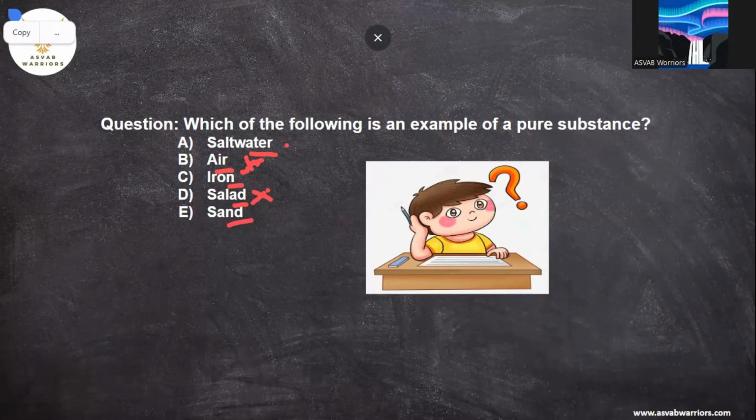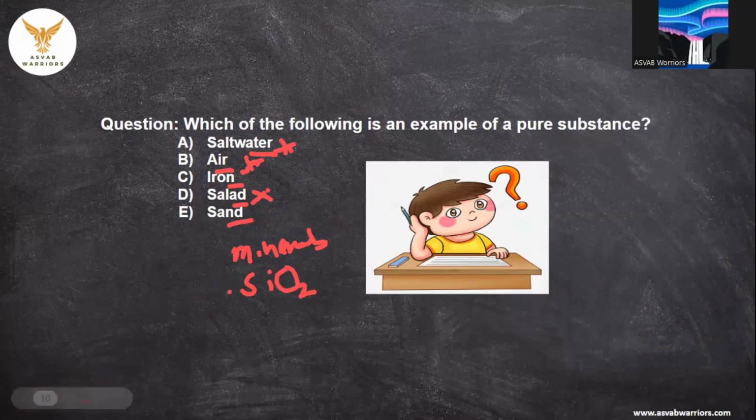Sand is made up of different minerals and it is majorly made up of silicon dioxide. So again, it is a kind of mixture, so this is not our answer. The right answer is iron, which is a pure element. Ferrous is there. So the right answer is iron.